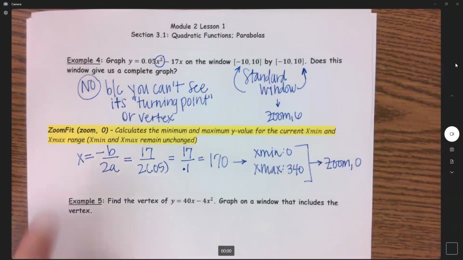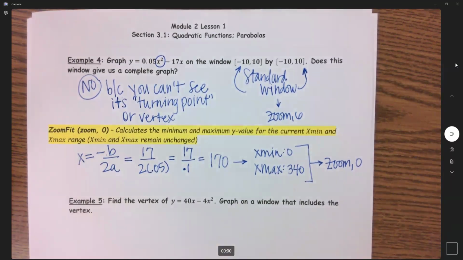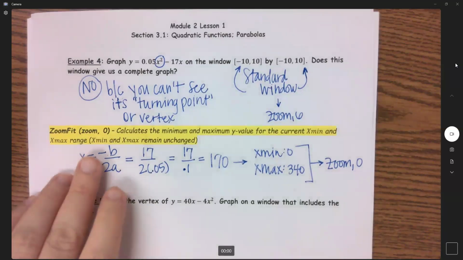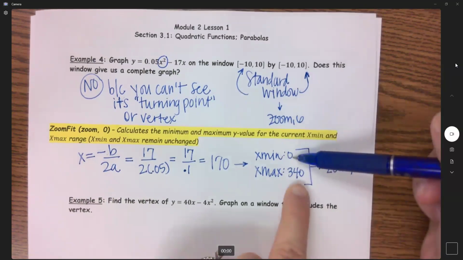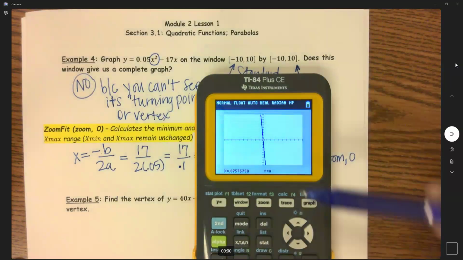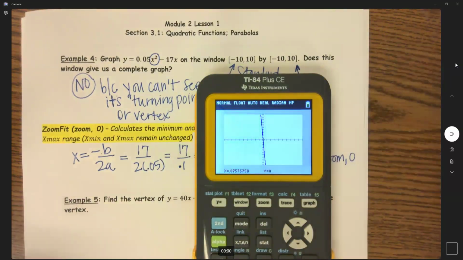And what is Zoom 0? Right here, it says it calculates the min and max Y values for your current X min and X max range. So what's going to happen is your X min and max don't change. They're going to stay as these numbers here. And then it's going to change these Y values to make it fit the graph.